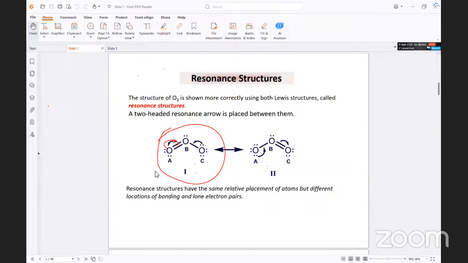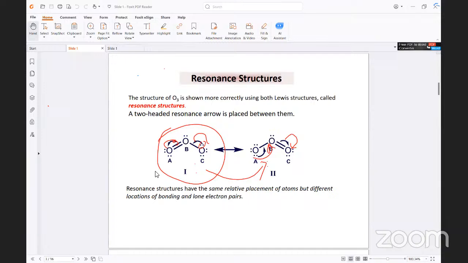And when that happens, the lone pair here moves and becomes a bonding pair. So you will now have this formed. This is formed from that; this movement produced that. Now, at the same time, this bond can become a lone pair, and this lone pair can become a bond.